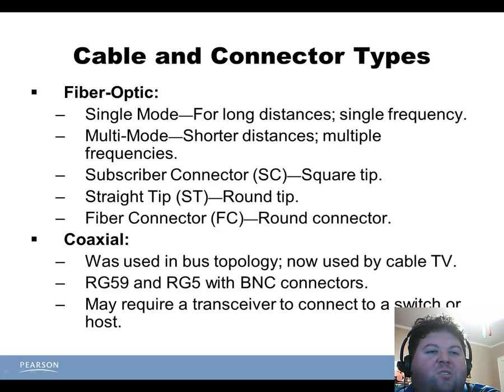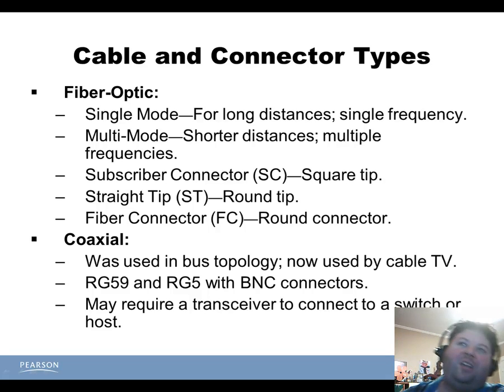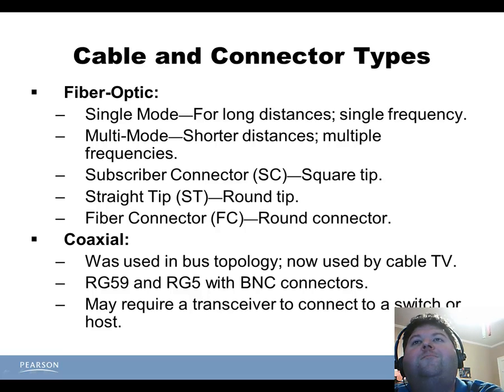If it's the one that goes on your TV, that's called an F-type connector. And on these numbers, if it has a U behind it, it means it's a cable that you can bury under the ground. So an RG59U, for example, is a 59 cable that can be buried under the ground. And they may require a transceiver to connect to a switch or a host.